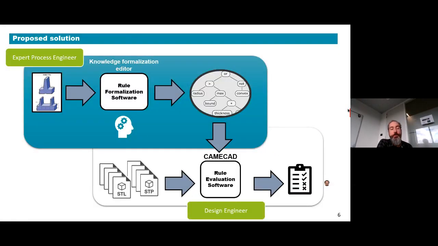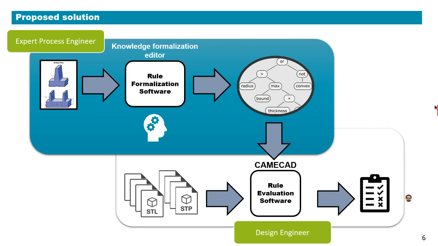And so what we will present next is, let's say, a tandem of two software tools that work together, where on the one hand we have a tool dedicated for the process expert. We call this the Knowledge Formalization Editor. So this formalizes manufacturing rules into a format which is then automatically available to the second tool, a rule evaluation software called CAD, and this is really tailored to the design engineer to use.